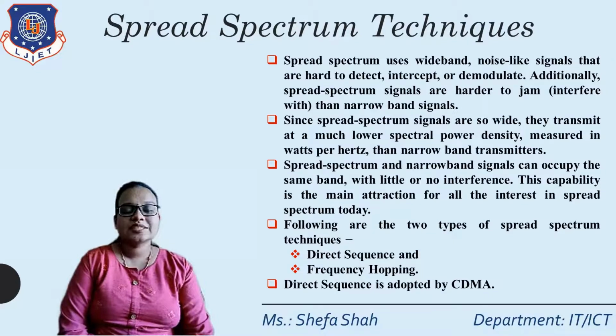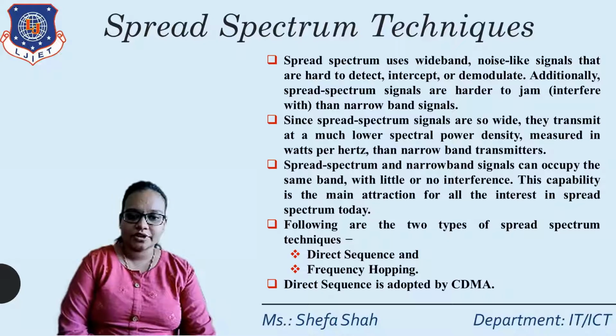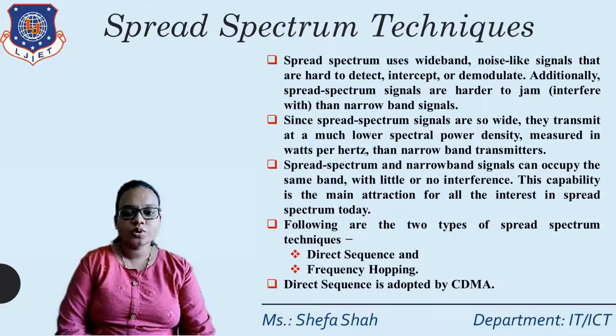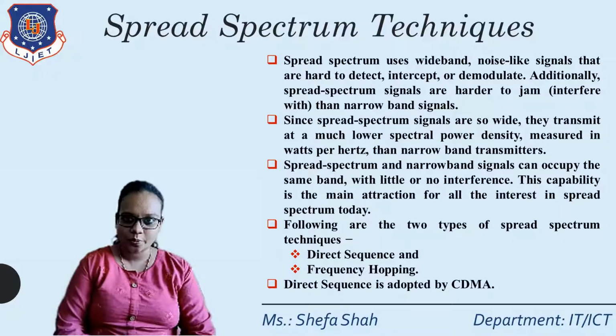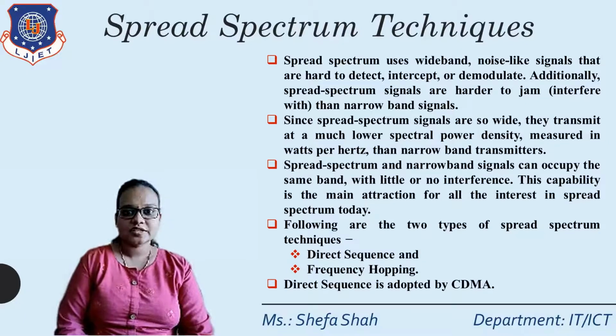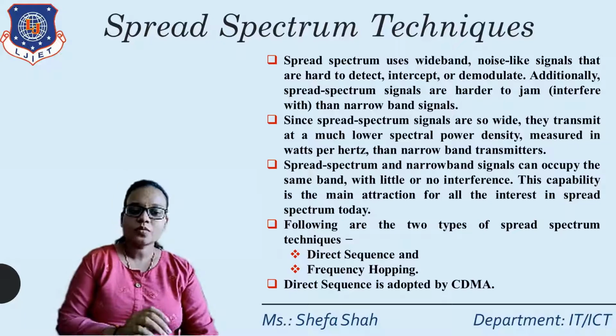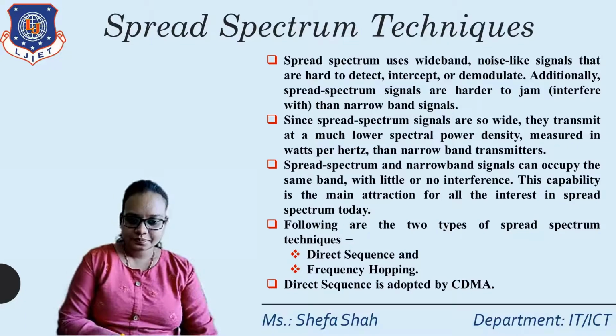They occupy the same band with little or no interference, and the capacity is more. So spread spectrum is used worldwide today. These are the two spread spectrum techniques: first, direct sequence spread spectrum, and second, frequency hopping, which we will discuss one by one in detail.